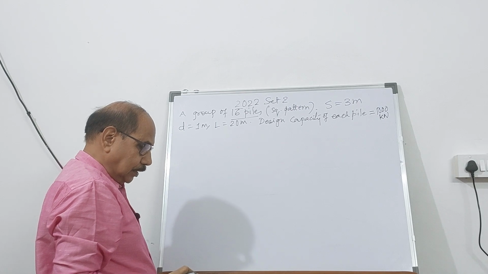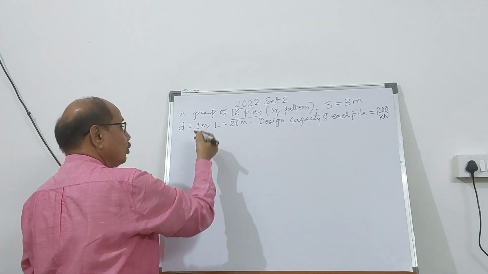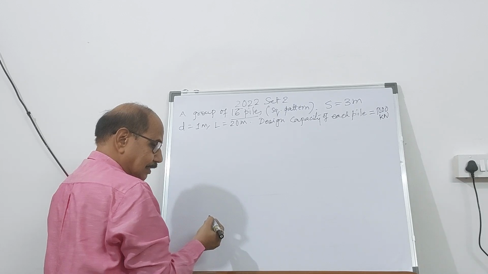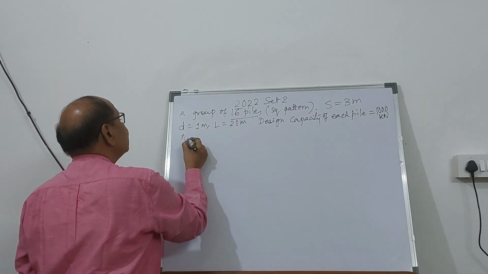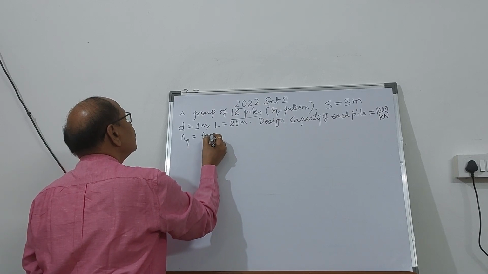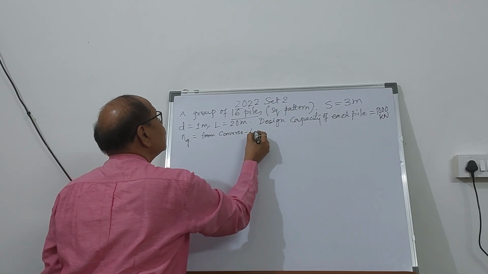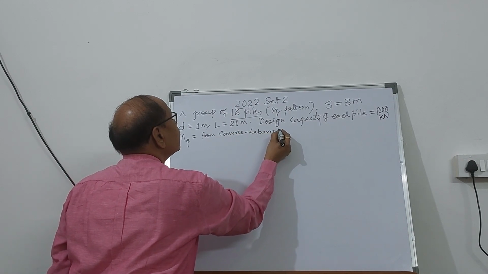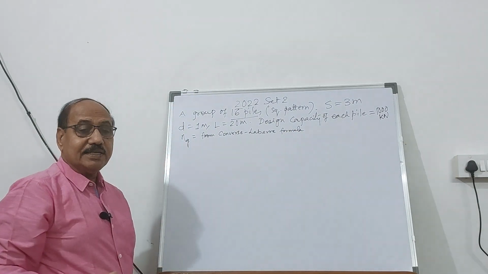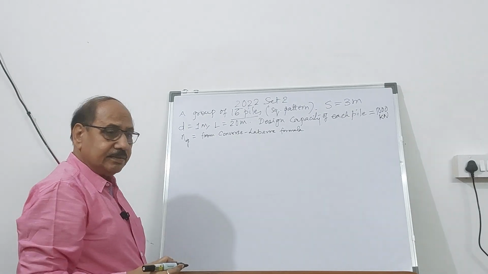And in vertical downward direction. So the load is going to be acting vertically down, and eta G is to be used from the Converse-Lebedev formula, which you know: 1 minus theta by 90 into m into n minus 1 plus n into m minus 1 divided by mn.